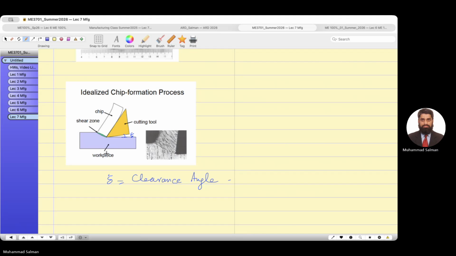And then if you take a look, this is the thickness of the undeformed chip. And this is the thickness of the chip.